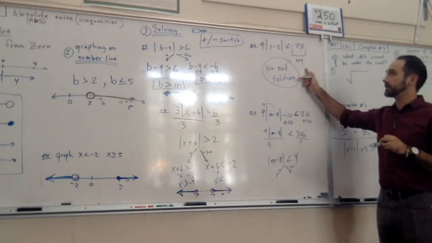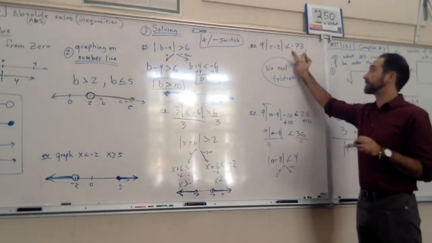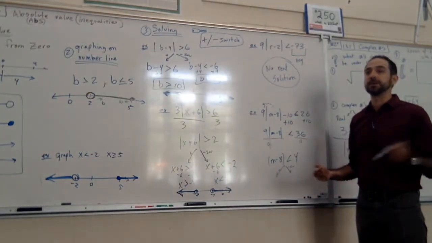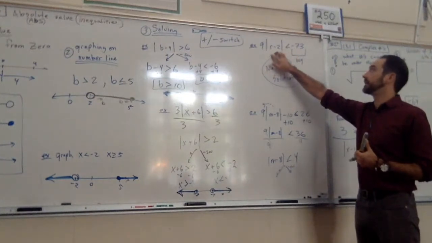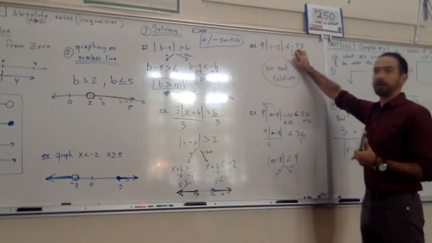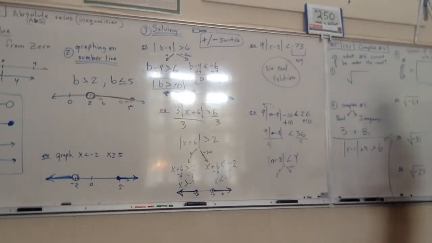If this entire expression was reversed, like this was over here and that was over there, then it would still apply. So it's just when the equation or inequality has the variable side relating to some constant over here that's negative. It's a minor point that we've got to add.